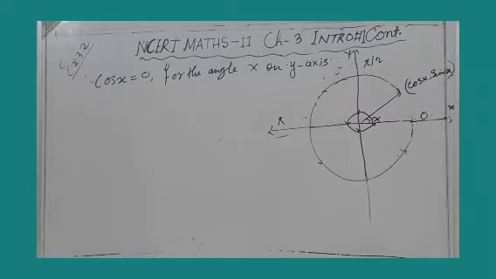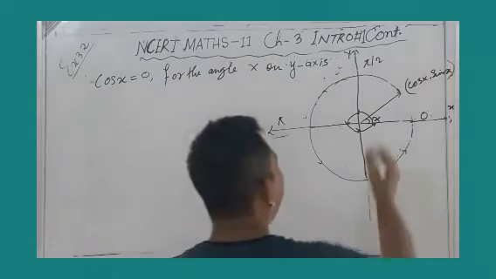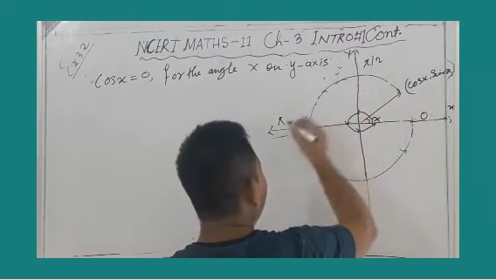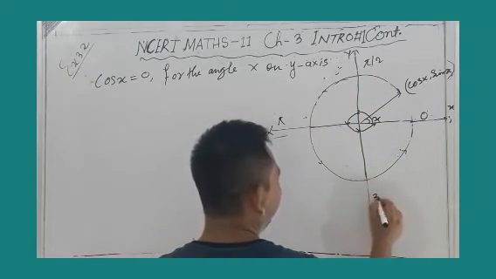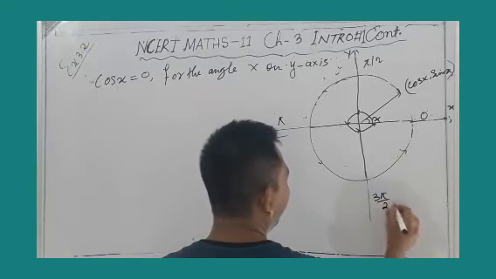If we add 1 pi with pi by 2, then we get 3 pi by 2. Pi by 2 plus pi, so we get 3 pi by 2.